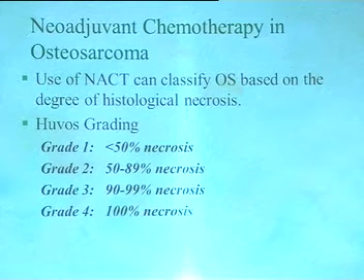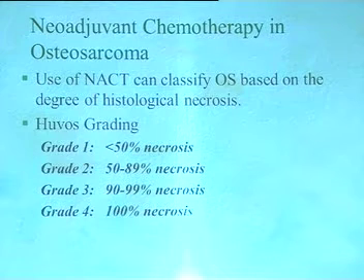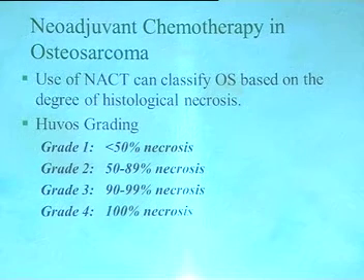So the classification of necrosis is well known because we have a lot of pathologists here, and more than 90% necrosis is considered good. I would like to share that our own experience is that more than 90% necrosis in osteosarcoma is observed in our cohort in only one-third of the patients, unlike two-thirds in the West.